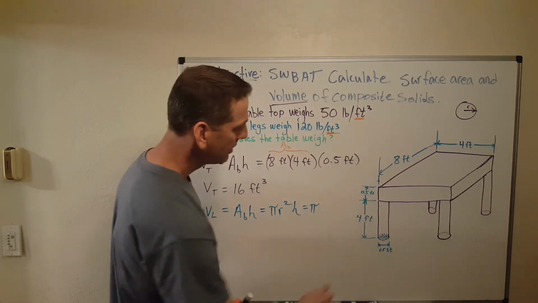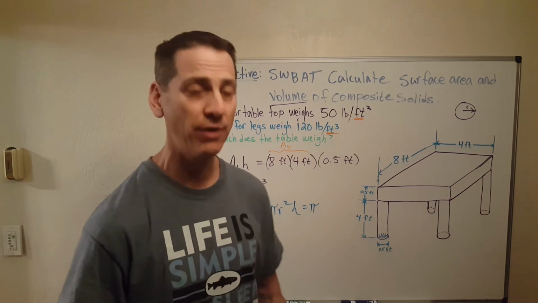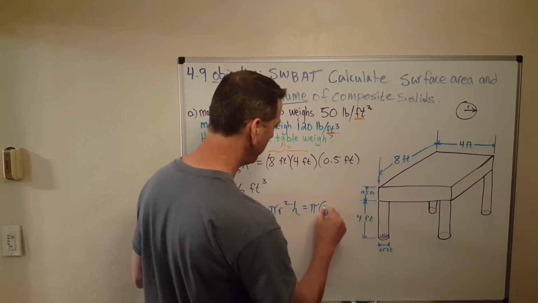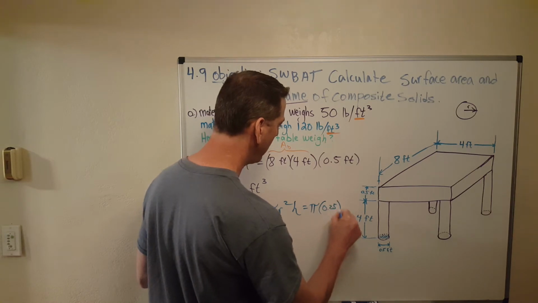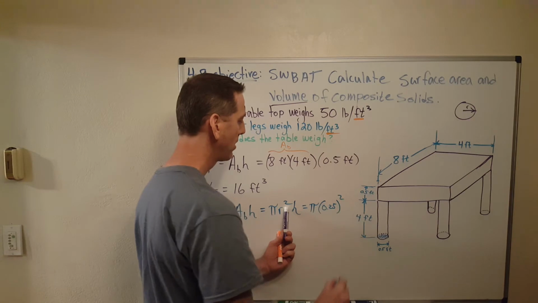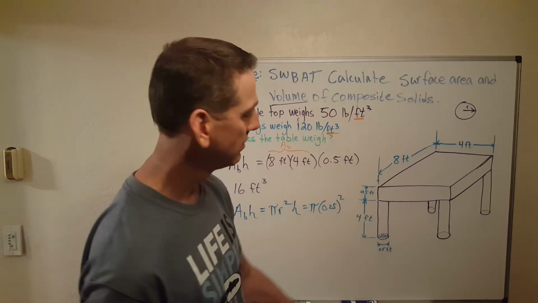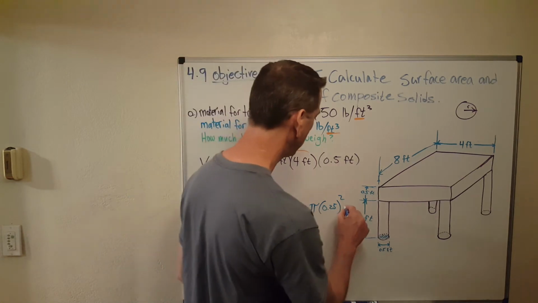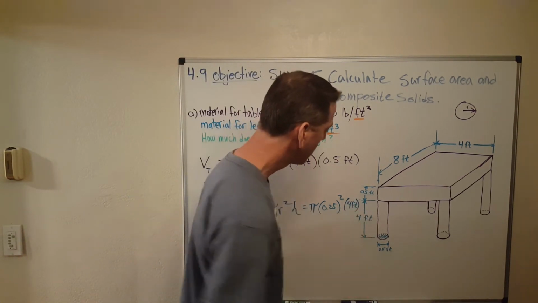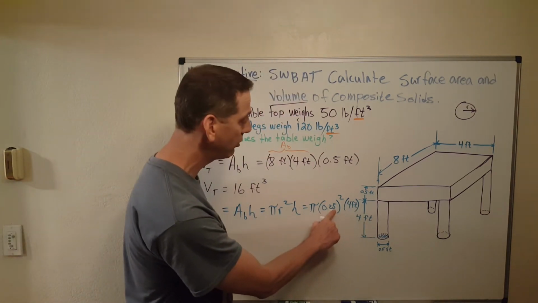So half of 0.5 would be 0.25. Don't forget to square that. And then my height. What's the height of my legs? 4 feet. And by the way, that's feet as well, 0.25 feet.